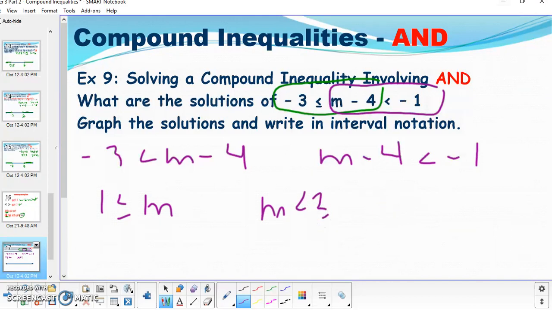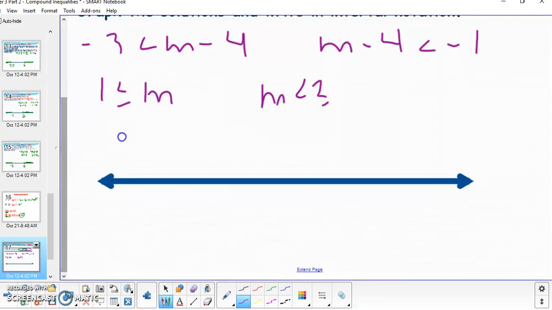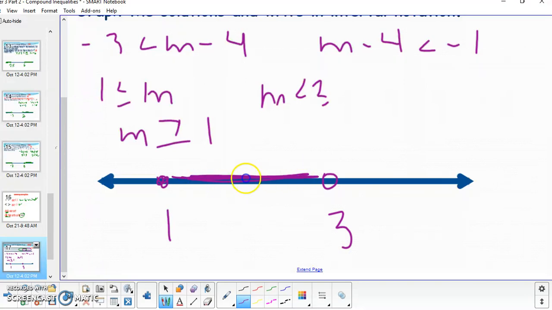Well, I want my variable to be first, so I'm going to switch and say m is greater than or equal to 1. I have a closed circle at 1. I have an open circle at 3, and I graph so that they come together. It's an and problem. My interval notation, because my first number was greater than or equal to, I use a bracket. Put the first number there, comma. My second solution is 3, and it's an open circle, so I use parentheses. And that is interval notation.